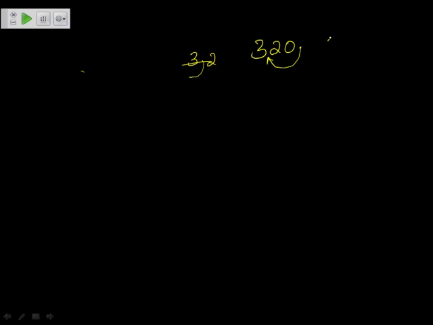So let's say we had 10 to the power, not 2, 2 will become problematic. Let's say we had 10 to the power 3 here. This was our original number, 320 into 10 to the power 3. Okay? So we are moving 2 decimal places here.